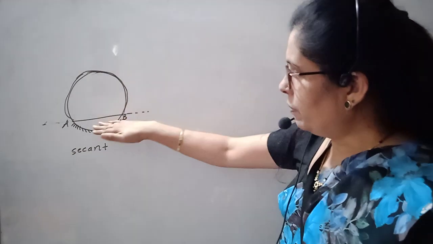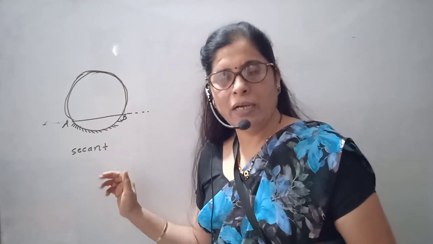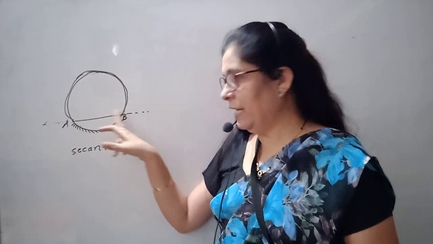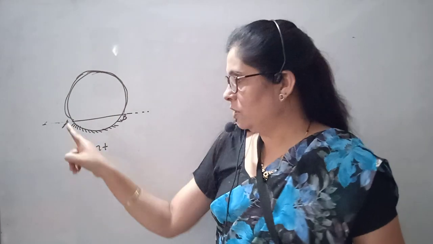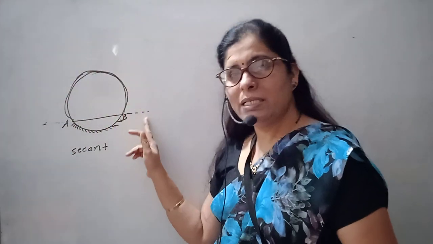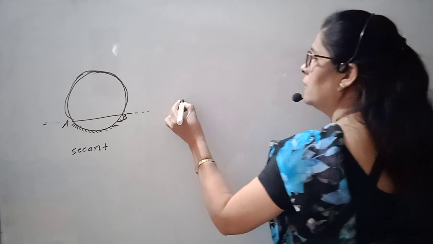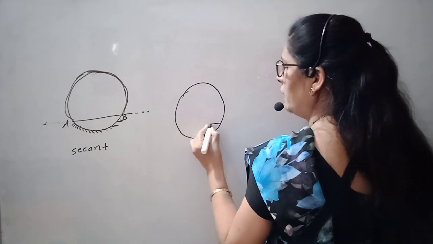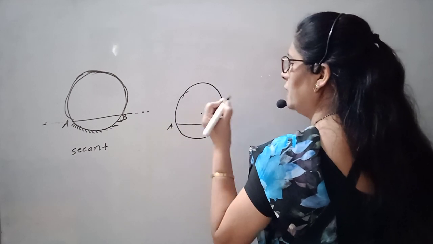So by this chord, the circle is divided in two parts. Then each part of the circle with these endpoints is known as arc of the circle. So this is the arc of the circle, and this is also an arc of the circle. This is clear.